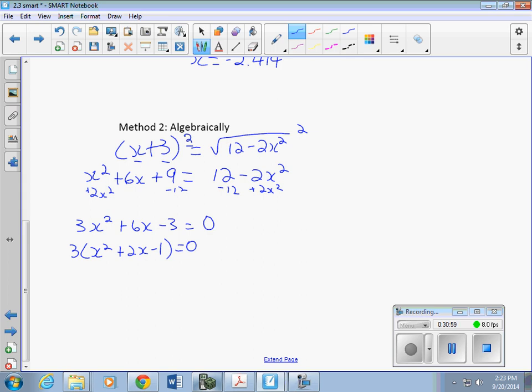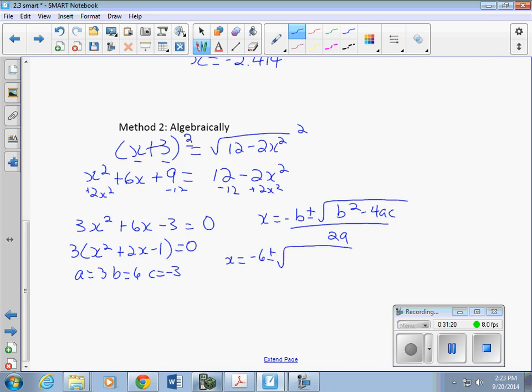So refresher, x is equal to negative b plus or minus square root of b squared minus 4ac all over 2a. So my a is equal to 3, b is equal to 6, c is equal to negative 3. So I have negative 6 plus or minus square root of 6 squared minus 4 times 3 times negative 3, all over 2 times 3.